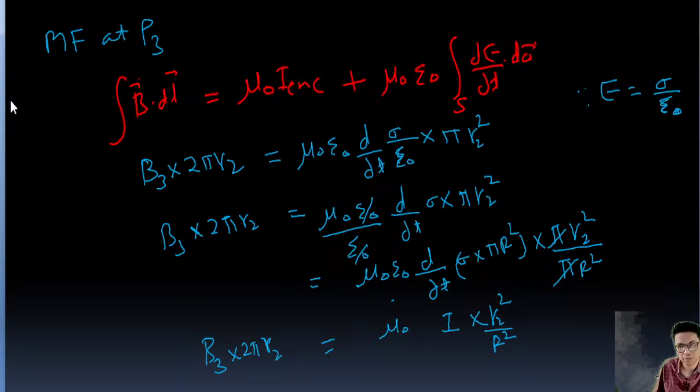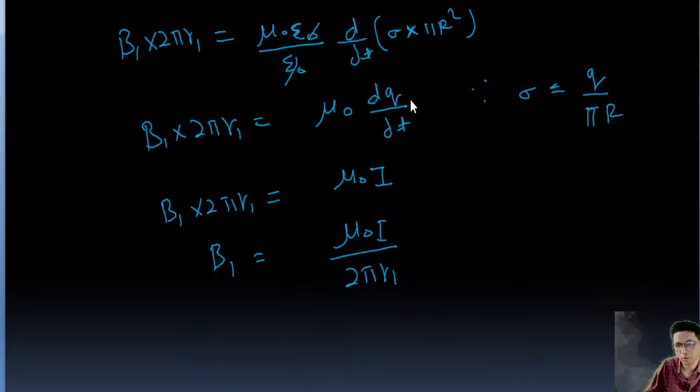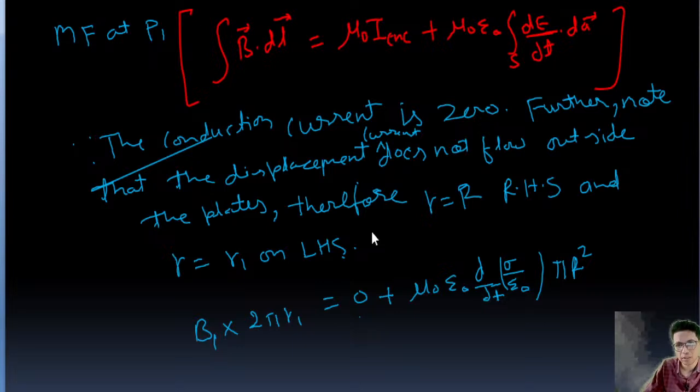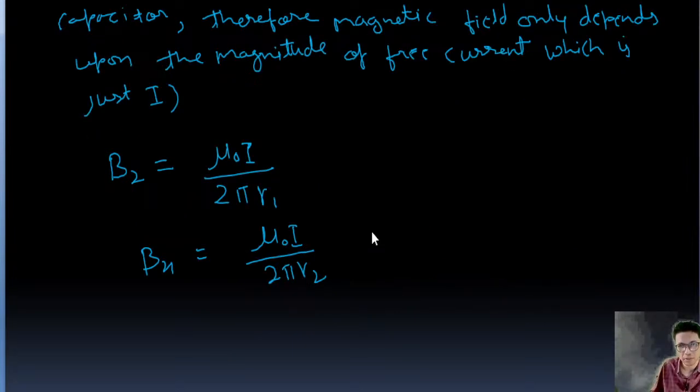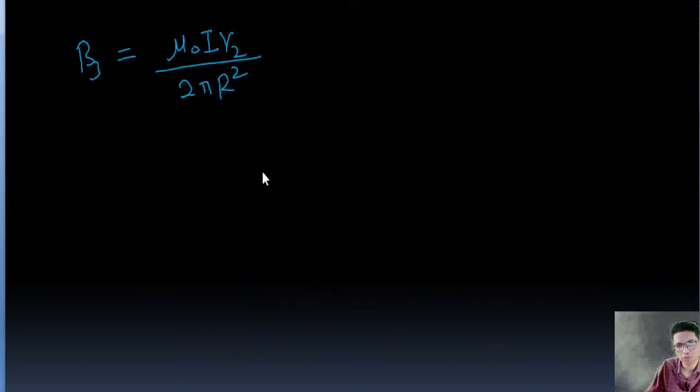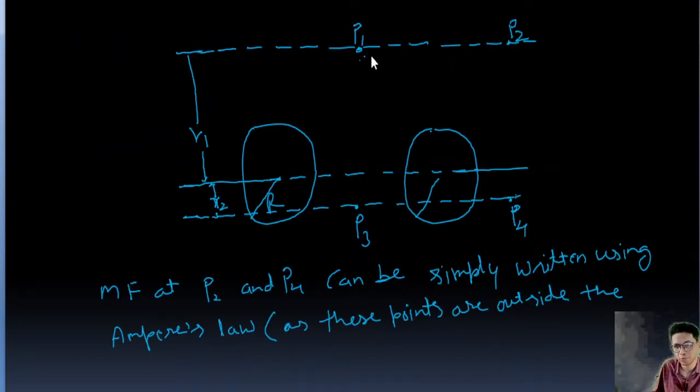You look at B1, it is mu 0 I upon 2 pi r1, and this B2 is also mu 0 I upon 2 pi r1. So B1 equal to B2 we have found.